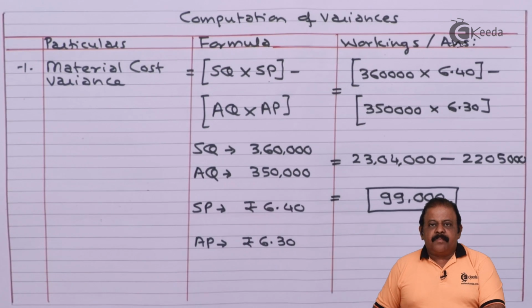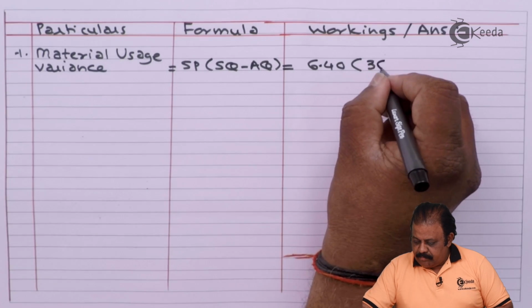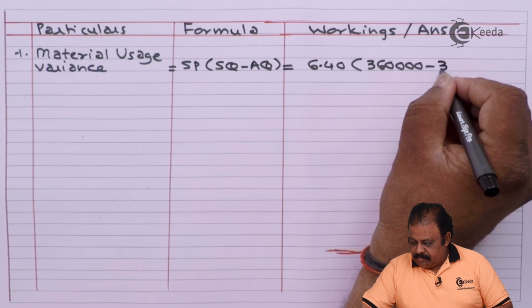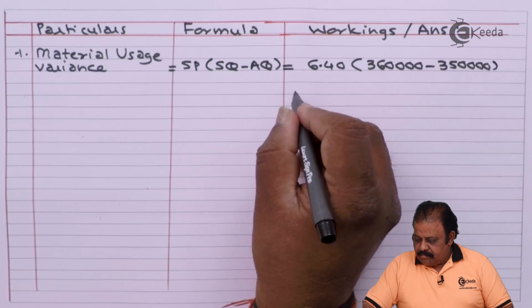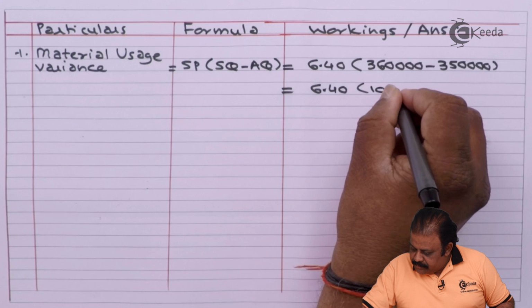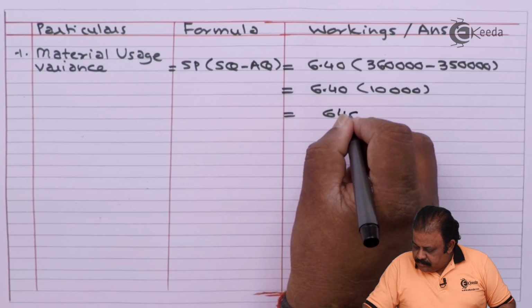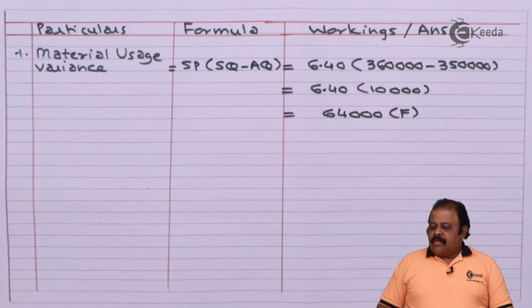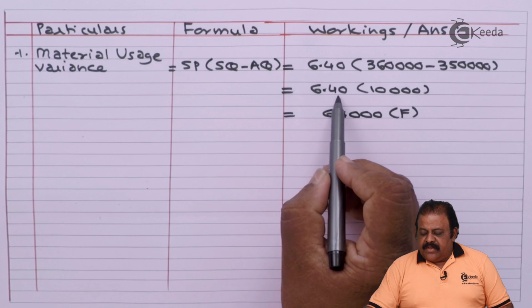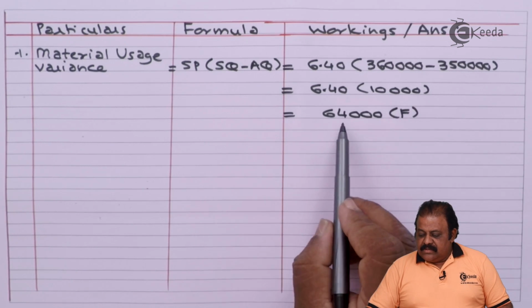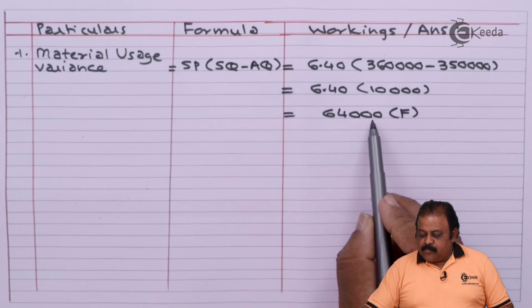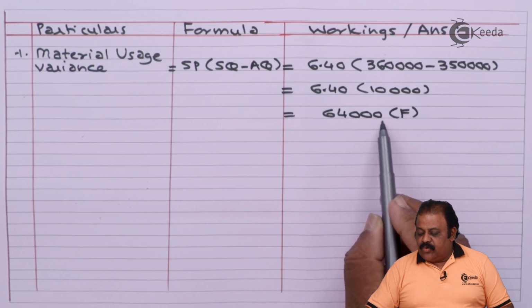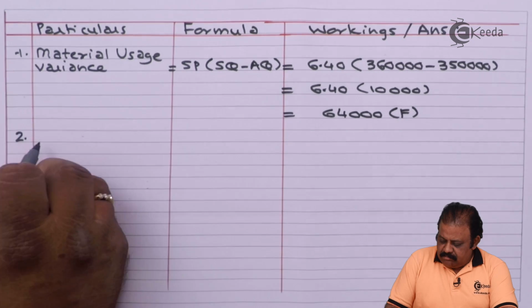Actual quantity 3,50,000. Rupees 6.40 multiplied by 10,000 is 64,000. This is positive, so it will be shown as 64,000 favorable.